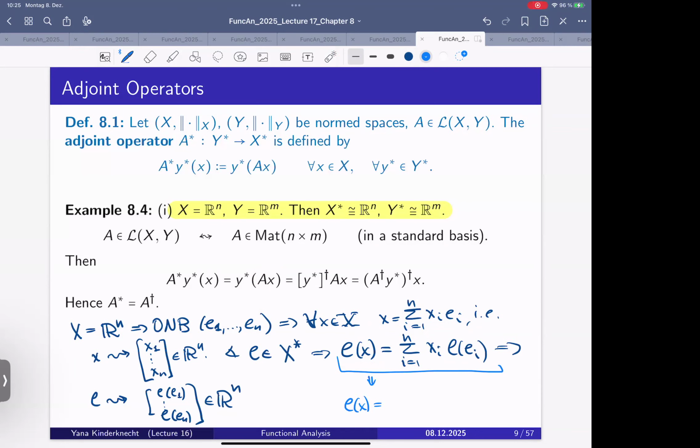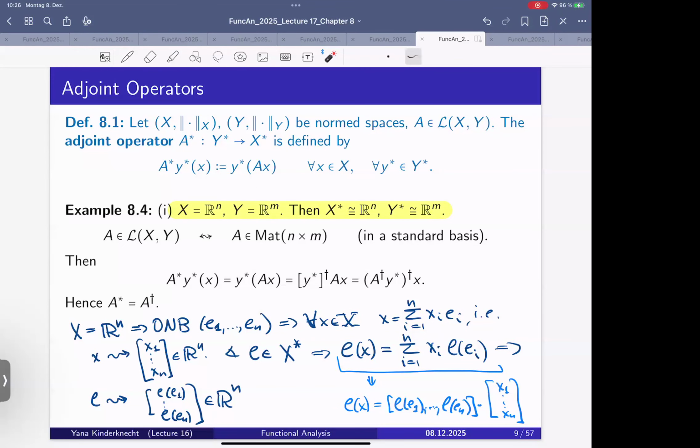I have to write it down like L of E1, etc., L of En, times a column vector x1, xn. So it's a matrix product.